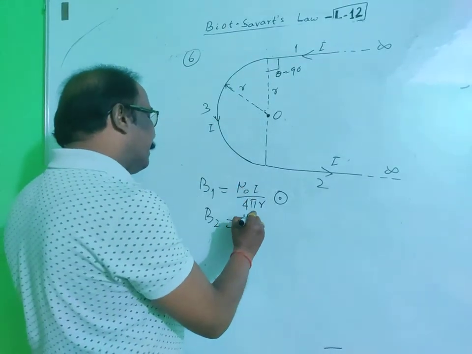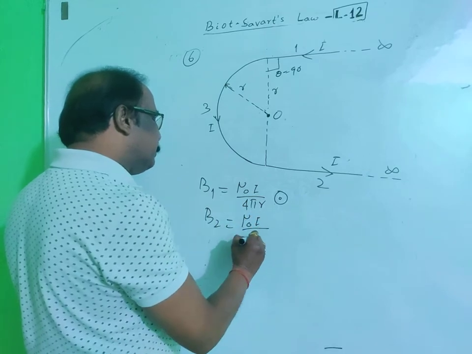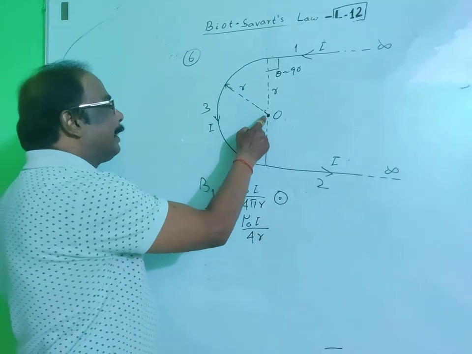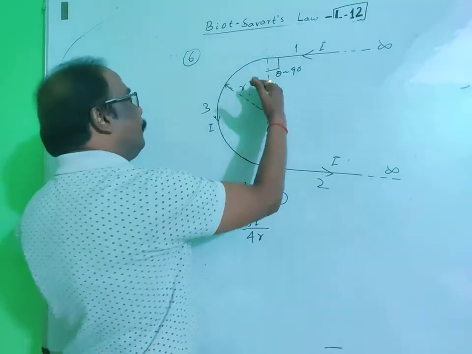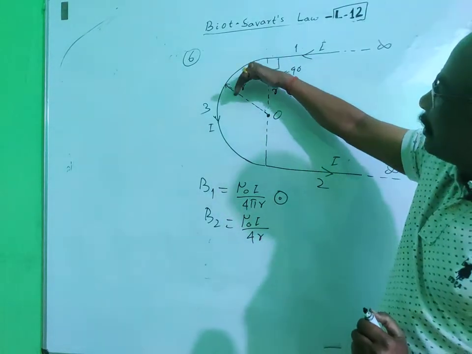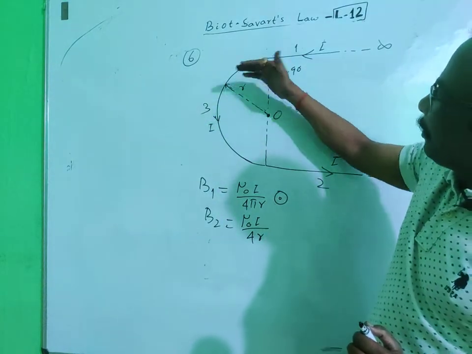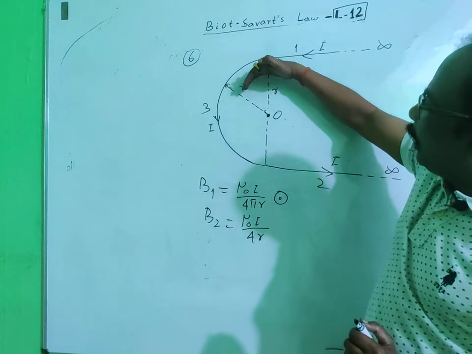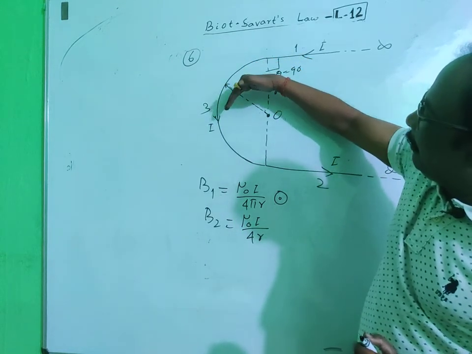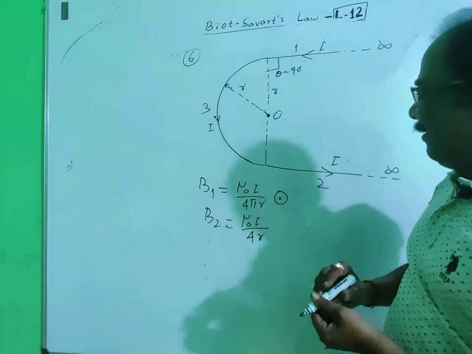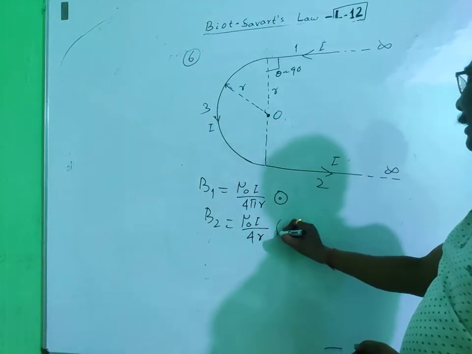We know the magnetic field due to a semicircle is mu naught I by 4R. Then the direction at O: current is flowing in anticlockwise order, so curl your fingers along the direction of current and again the direction is outward.